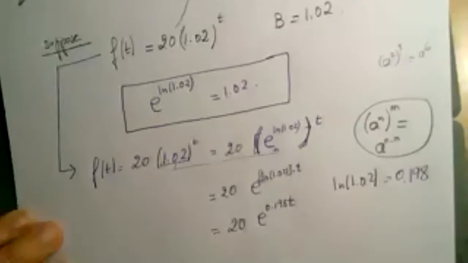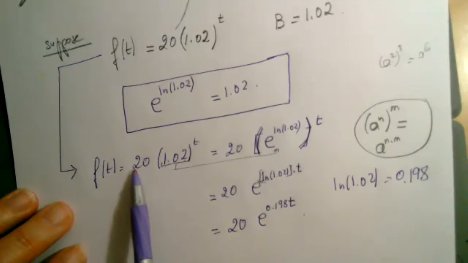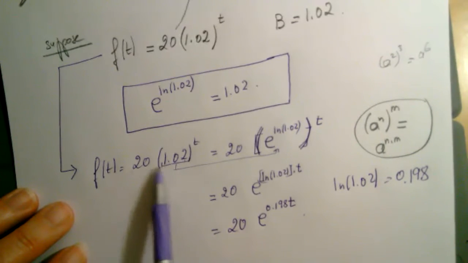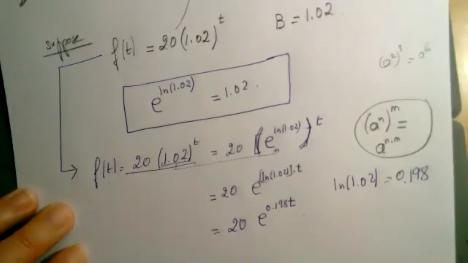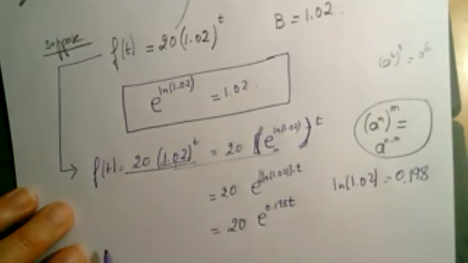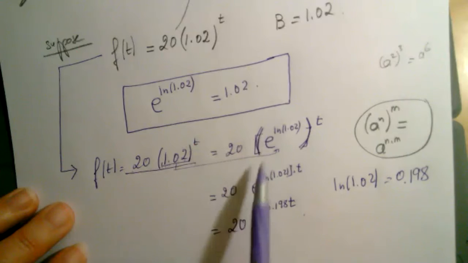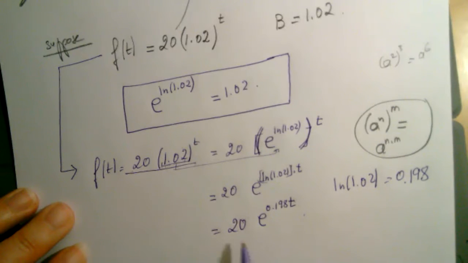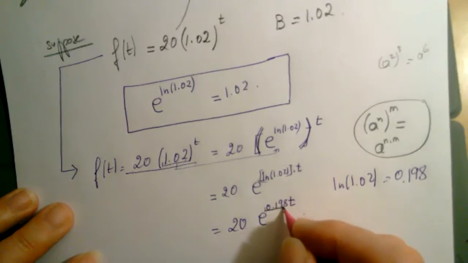So let us sum up what we did. We had this function f, a typical exponential function, which represents a quantity that's growing by 2% per year. I manipulated it algebraically and rewrote it in the form 20 times e to the power of a certain constant times t.